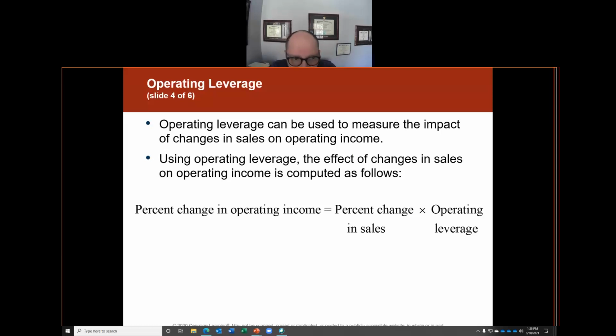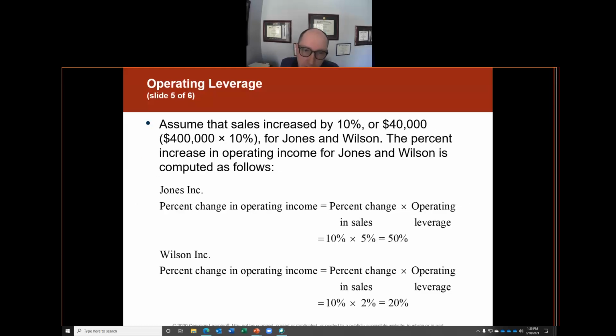To find percent change, you take the new number minus the old number divided by the old number. That gets you the percent change. Percent change in sales times the operating leverage equals a percent change in operating income.